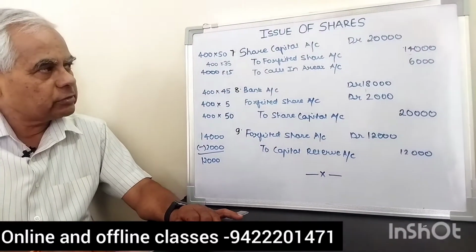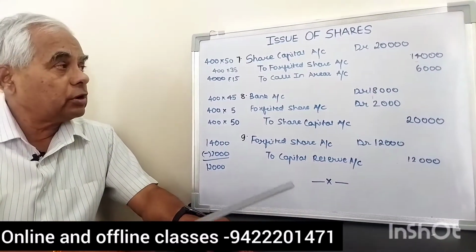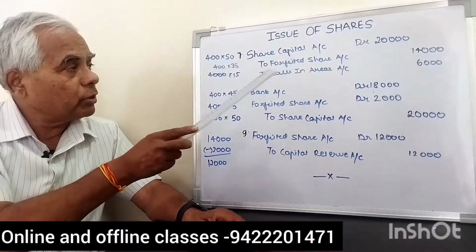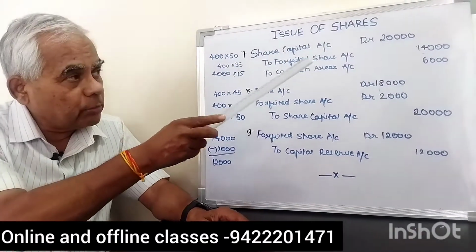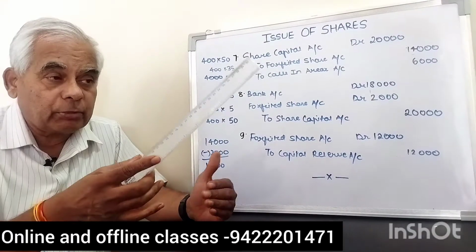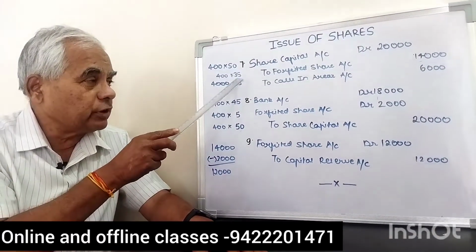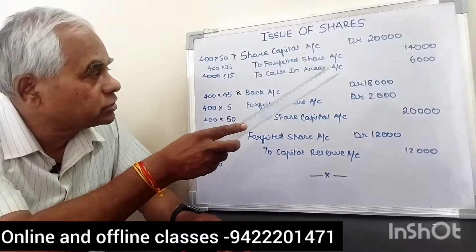Entry number 7, shares forfeited. 400 shares were forfeited after first and final call. So share capital account debit, full amount 400 into 50, amount 20,000, to forfeited share, whatever amount was received, that X could not pay the 15 rupees, means paid 35. 400 into 35, amount 14,000.